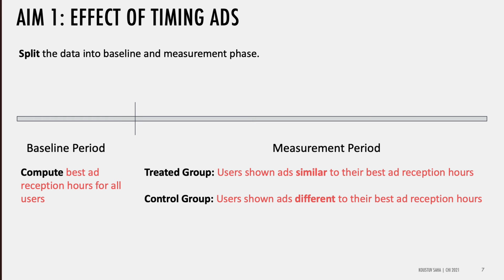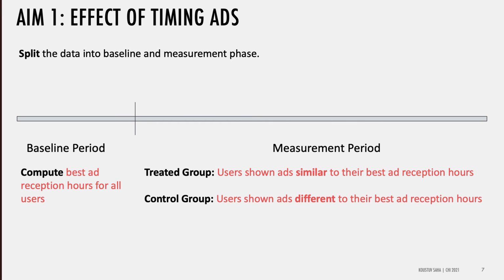So measuring the effect of timing ads would be best examined in an experimental or A/B test setting, but such methods have caveats. Like experimental disbursements of ads may lead to unintended consequences of user experience. So rather, we adopt a quasi-experimental approach where we split every user's timeline into a baseline and a measurement period, where the baseline period is essentially to understand the user's behaviors, and the measurement period is when the actual measurement of ad effectiveness is conducted.